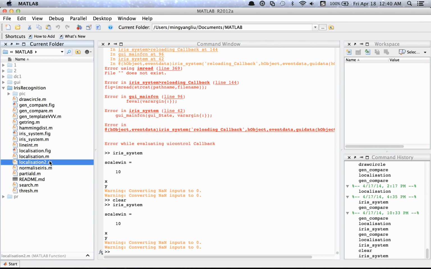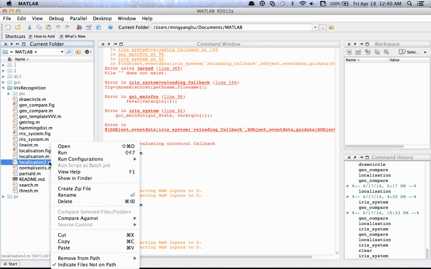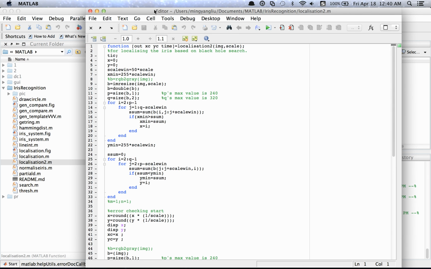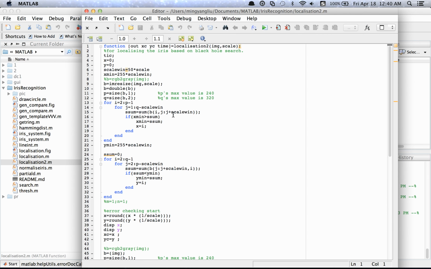Then we need to focus on this function. This is the function which realizes my improved method. You can see the input parameters are the image and a scale parameter. We use this scale to calculate the number of pixels we choose as a group.